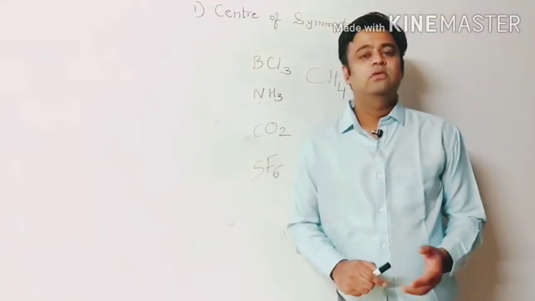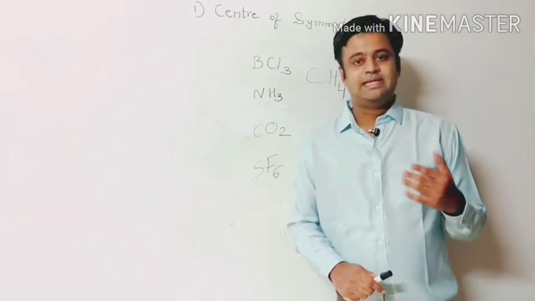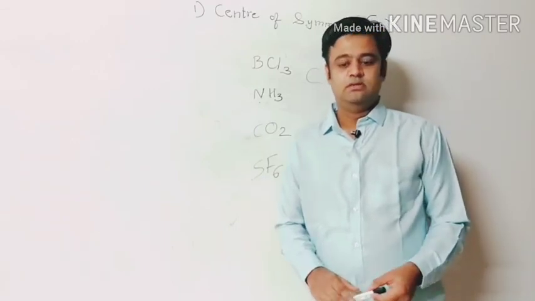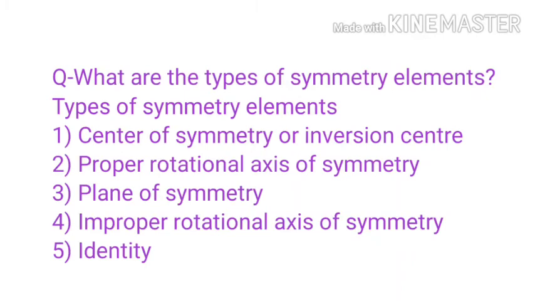Now we will move to the axis of rotation. Let's see the revision. The types of symmetry elements are: number 1, center of symmetry, also called the inversion center. Second, proper rotational axis of symmetry. Third, plane of symmetry. Fourth, improper rotation axis of symmetry.